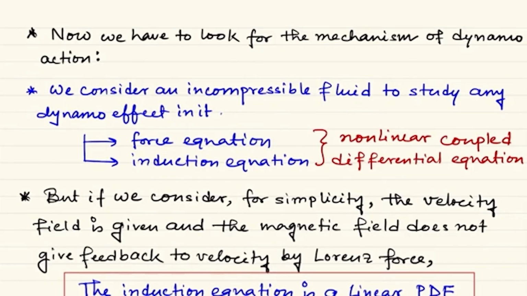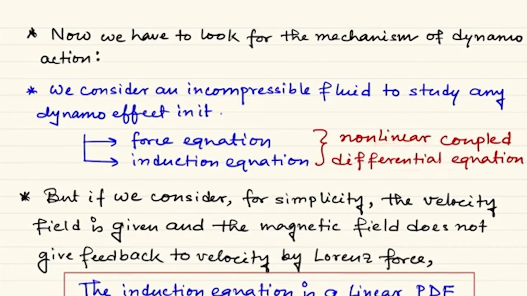And we have two equations in hand, the force equation and the induction equation, because for an incompressible fluid we don't care about divergence of V, divergence of B is equal to 0, and we also don't care about the energy equation. But these equations are not easy to solve because they are nonlinear coupled differential equations.